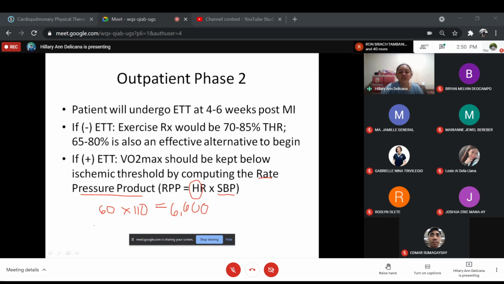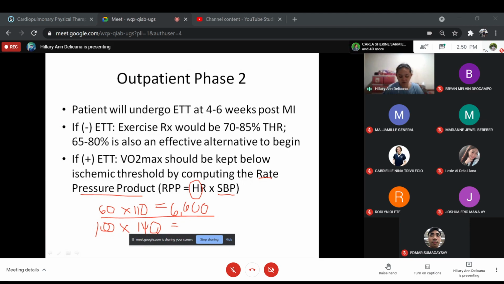So, usually, the ceiling of the rate pressure product is, I think, a heart rate of 100 times a systolic blood pressure of 140. That is the ceiling, the maximum, wherein you can say that it is the patient's maximum.